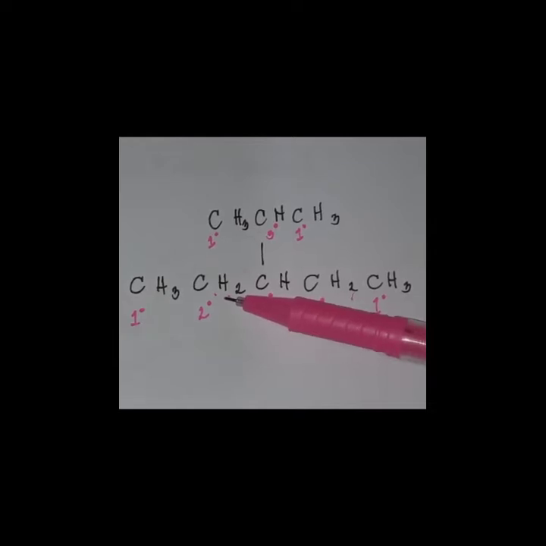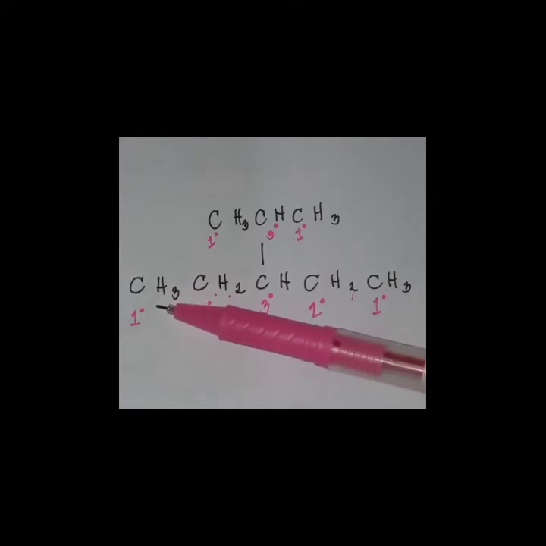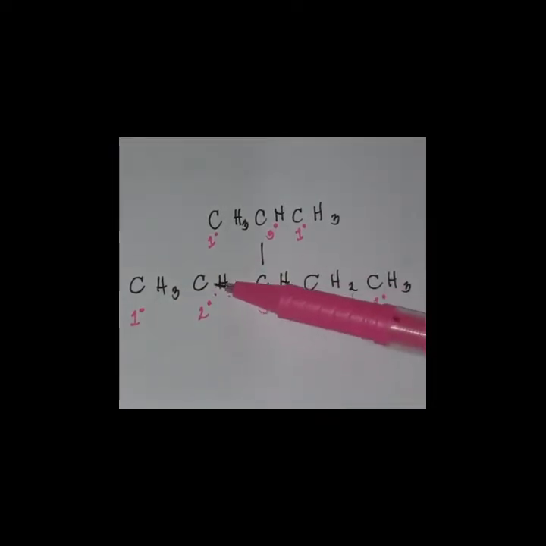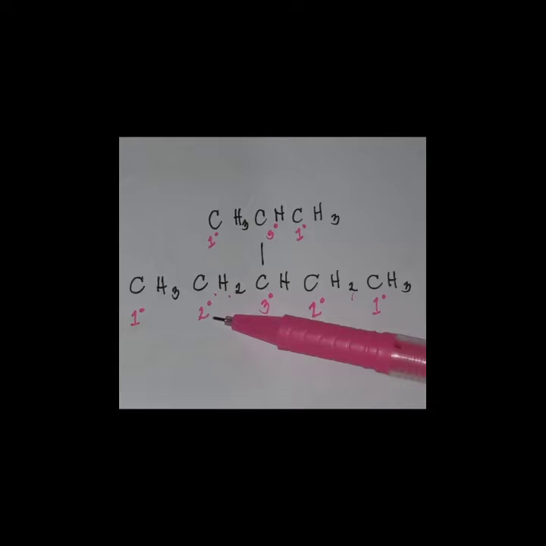The second carbon atom is bonded to 2 carbons, to its left and to its right, so this carbon atom, which is CH2, is a secondary carbon. The third carbon, which is CH, is bonded to 3 carbon atoms, CH2, CH3, and also CH, so it is identified as a tertiary carbon.